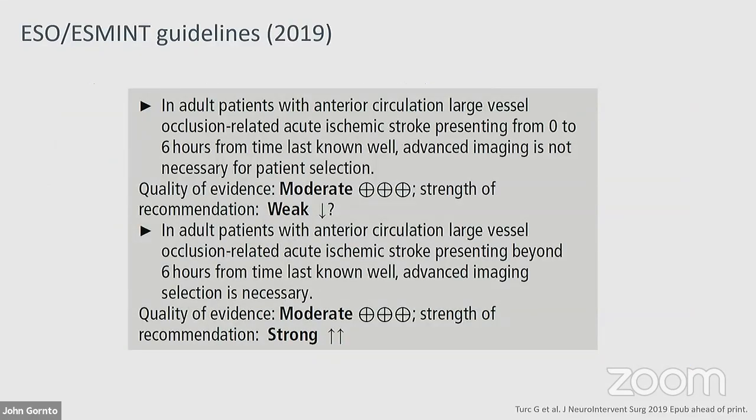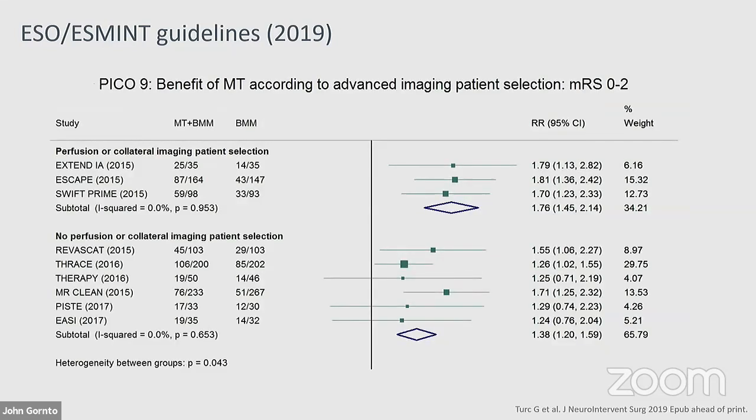The European guidelines that I already mentioned here say essentially the same thing, but they are a bit more undecided. They say advanced imaging is not necessary, but it doesn't say it should be avoided. And obviously, it's also important in the 6 to 24 hours time window. And I fully agree with Dr. Albers here.